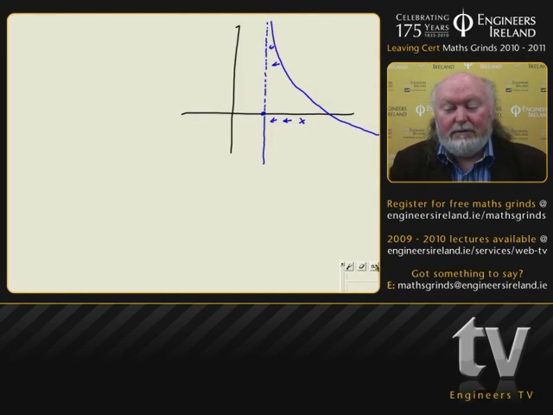In the case where this function never passes to that side, where it just always, no matter how near you get to here, gets closer and closer to this, then you'd say this is an asymptote.